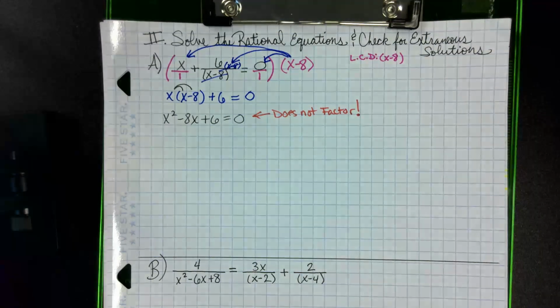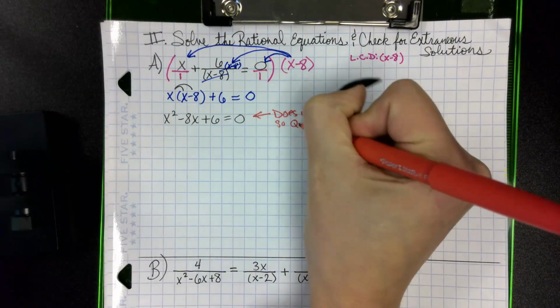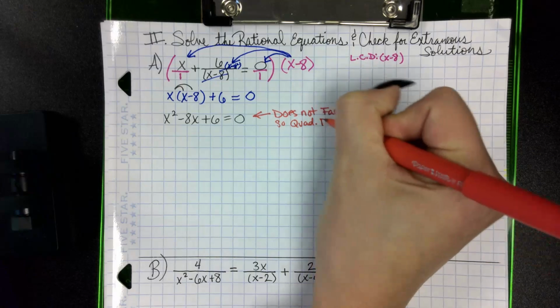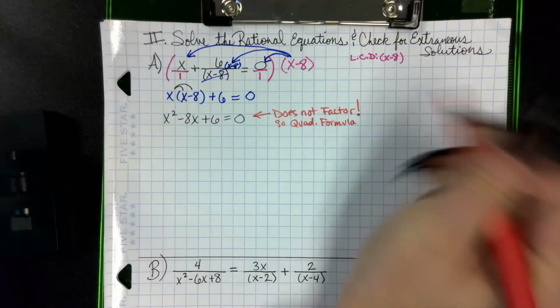All right, so there are two ways I could handle a quadratic that doesn't factor. One, I could use the quadratic formula. Or I could complete the square.